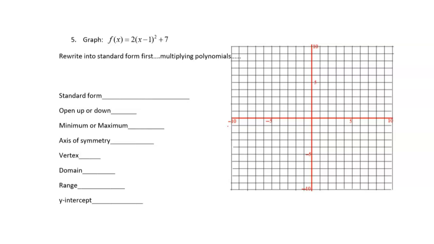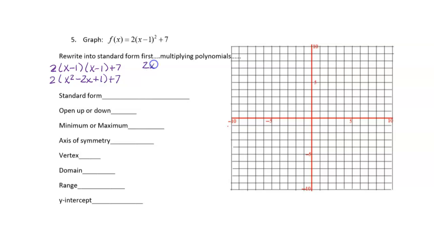So we're going to rewrite this into standard form first. If I square this, that's a perfect square trinomial. I have 2 times x squared minus 2x plus 1 plus 7. Now I'm going to distribute.